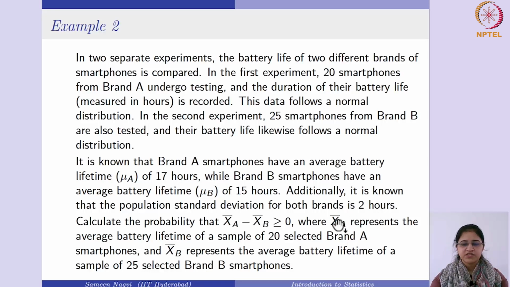You are asked to find the probability that this difference is greater than or equal to 0, which means finding the probability that the sample mean lifetime of brand A smartphones is more than that of brand B.